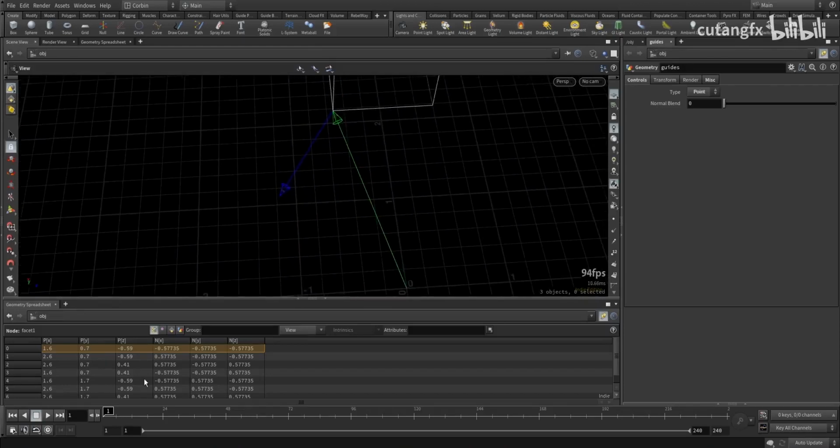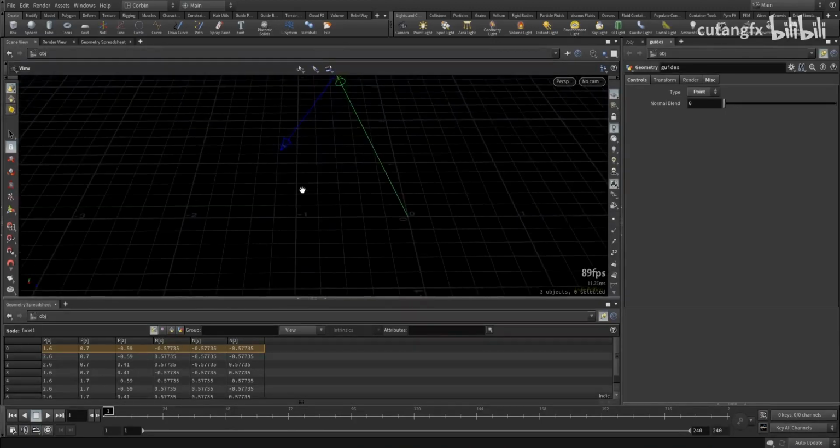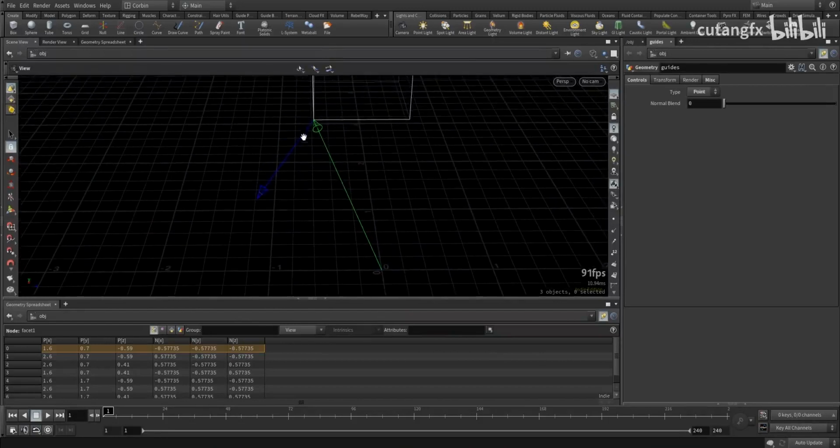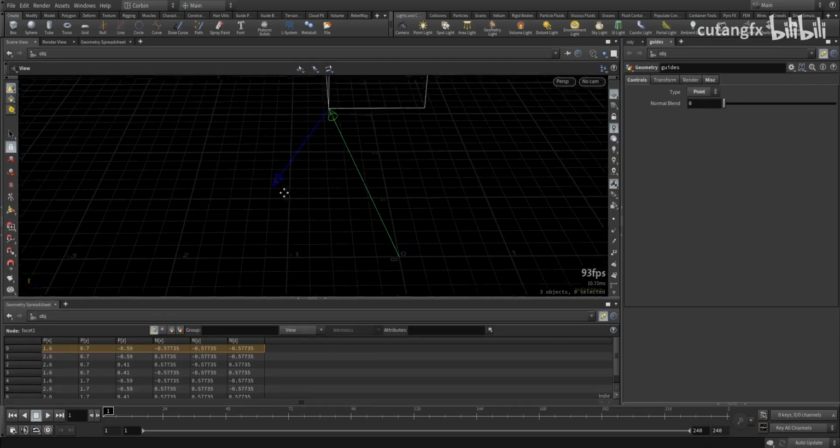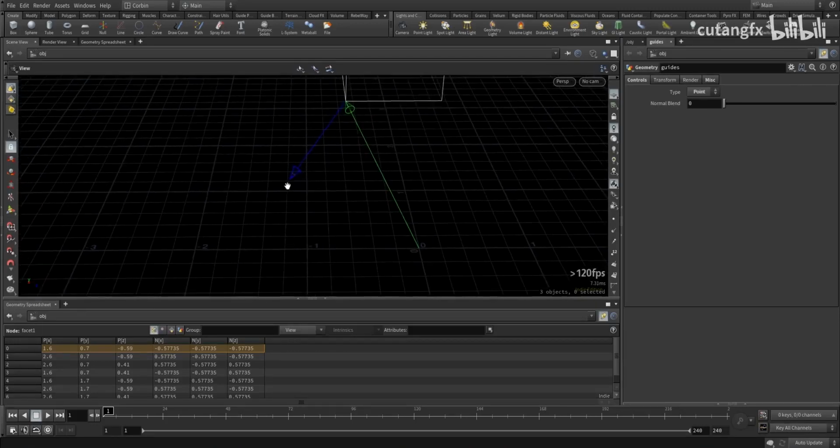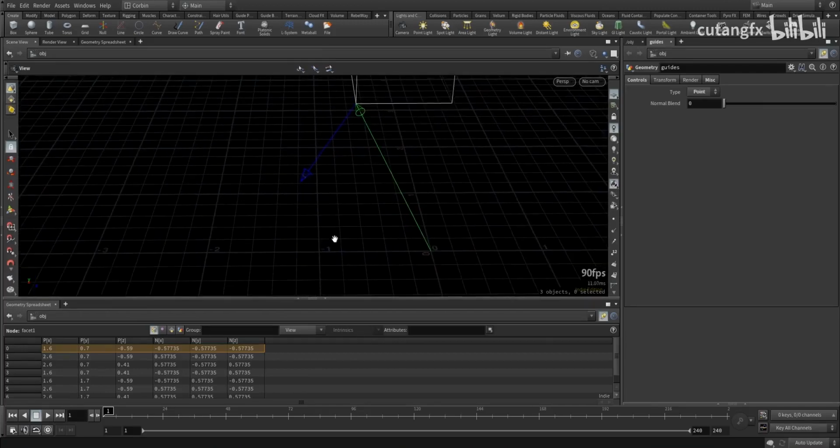But the normal, now let's have a look at these values. This normal has 3 of the same values, negative 5.7735 in x, y, and z. But if it was relative to the point position, to where it's being drawn from, then along z we'd be at about negative 1.2.